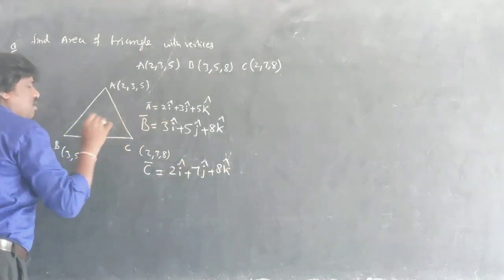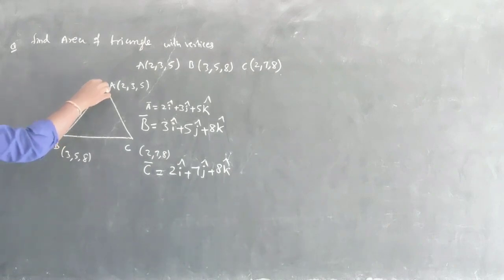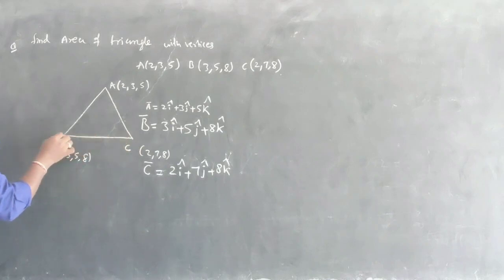These are the vertices of this triangle and these are the position vectors. So I want to find the area. I can use the previous formula, that is A cross B plus B cross C plus C cross A. Otherwise I can do it another way: let us find two adjacent sides of the triangle.